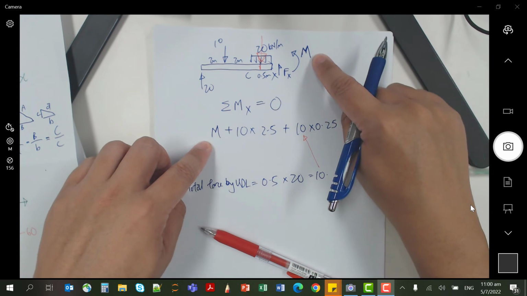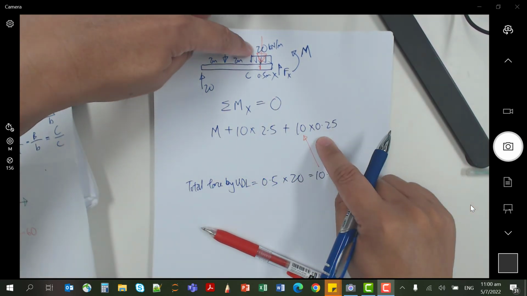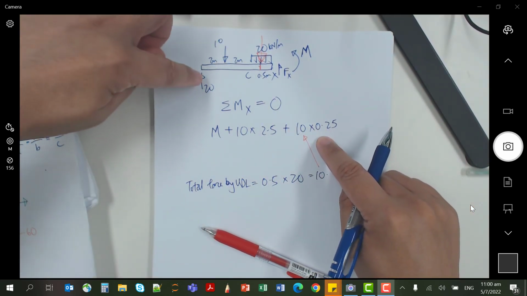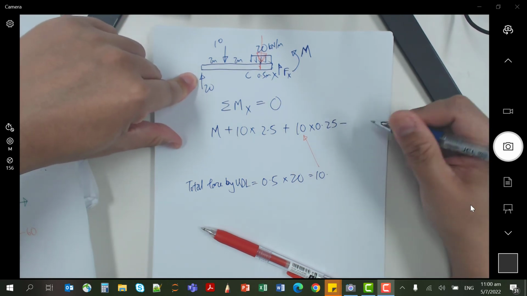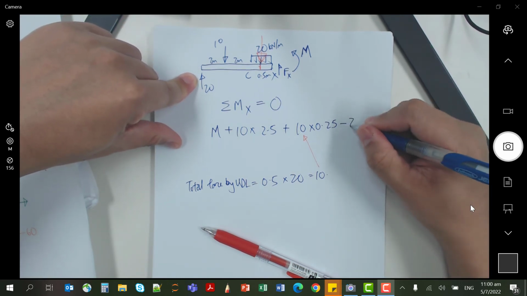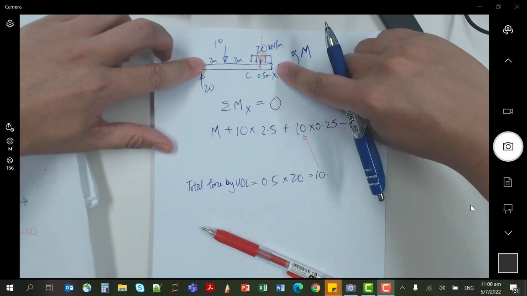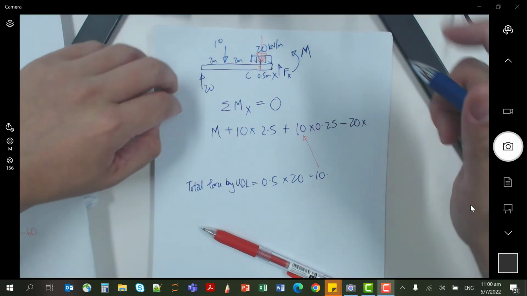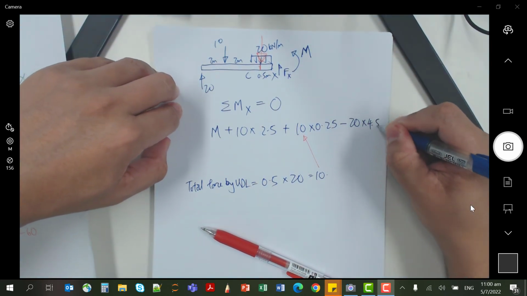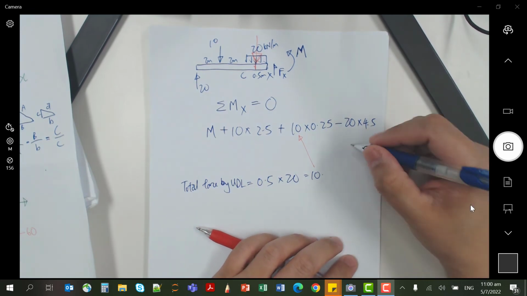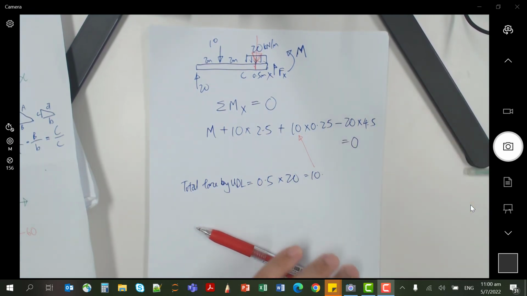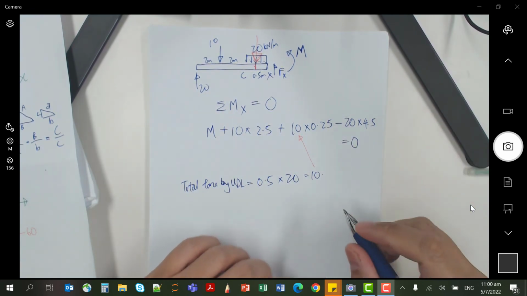1, 2, 3. Done. Now we are left with this one. This is minus, because it's clockwise: minus 20 times the total moment arm, 4.5. So this whole thing equals 0.